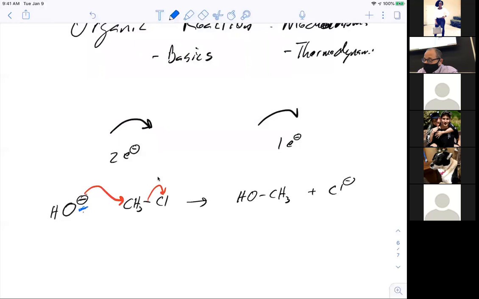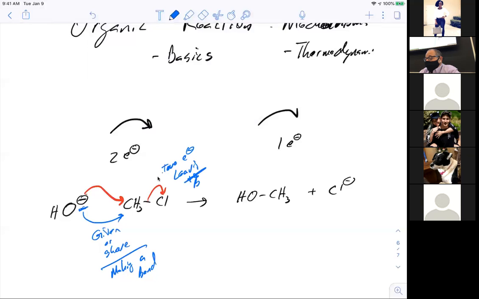These electrons are being given or shared with that carbon. That implies that I'm making a bond. If there already is a bond, then I might be making a double bond. If there is no bond, I'm making a single bond. This one over here means that those 2 electrons are leaving, so this is breaking a bond.